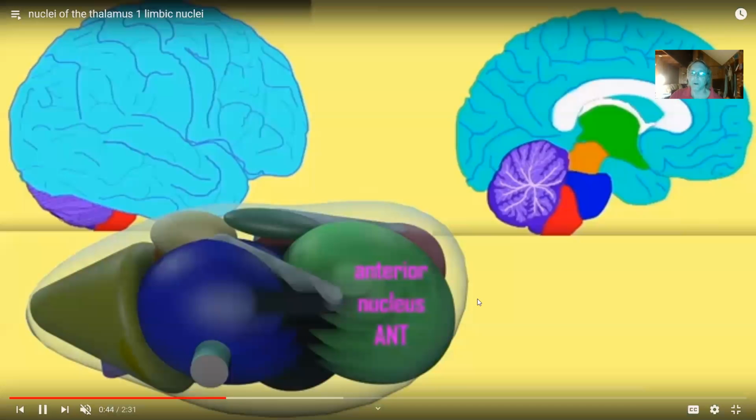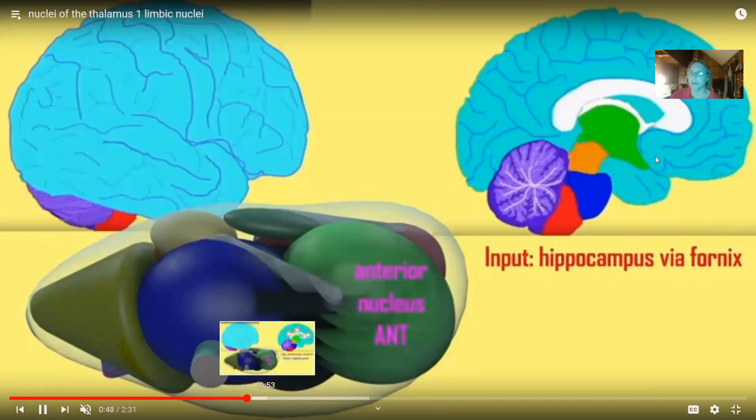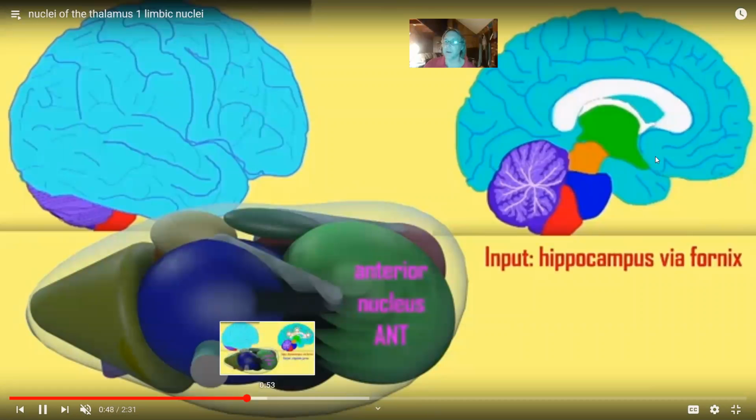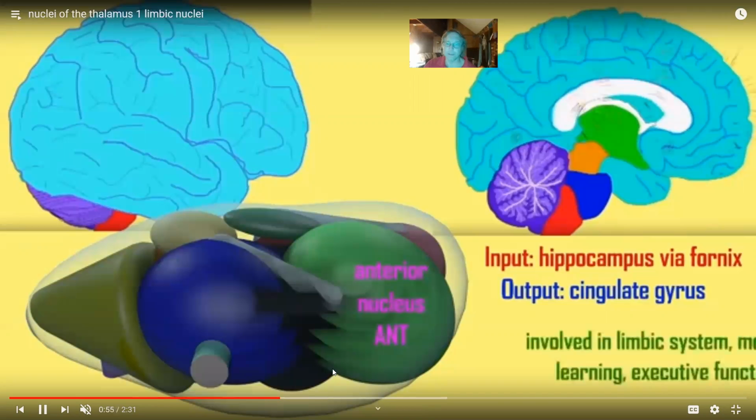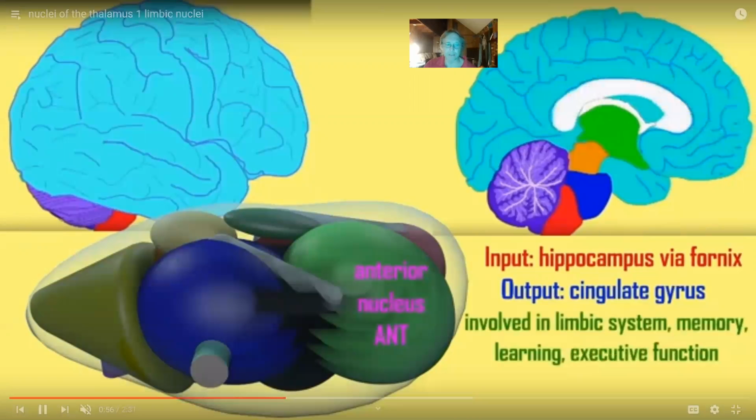This anterior nucleus is involved in the limbic system, and it's connected to other areas. So both the hippocampus and fornix are included in the limbic system as well.